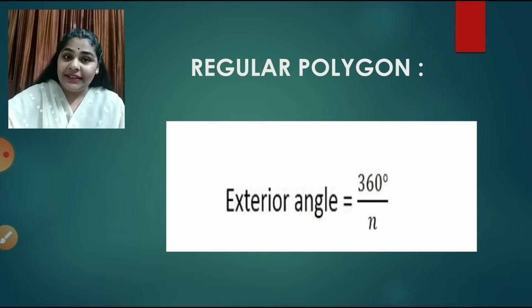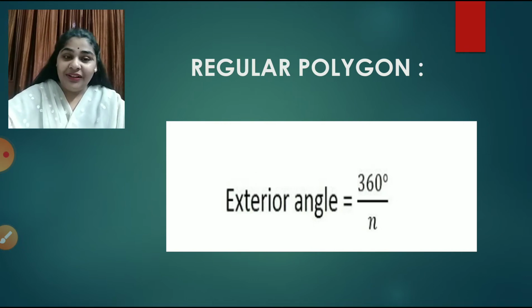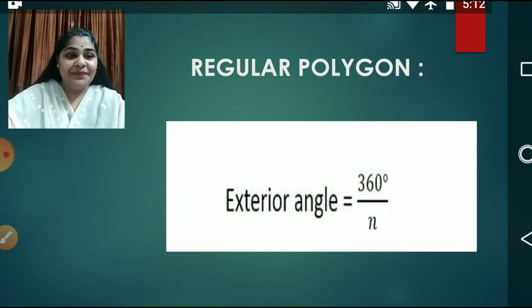Why 360 degrees? It is the total sum of all the exterior angles, divided by n sides, where n is the number of sides. Okay, so this will be very useful. You can learn this as a formula, but this is only for the regular polygons.